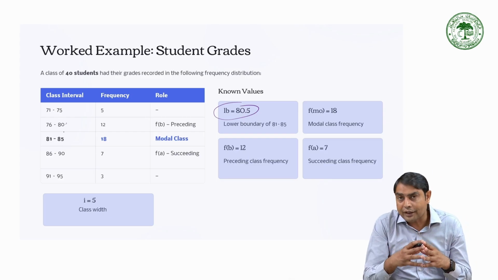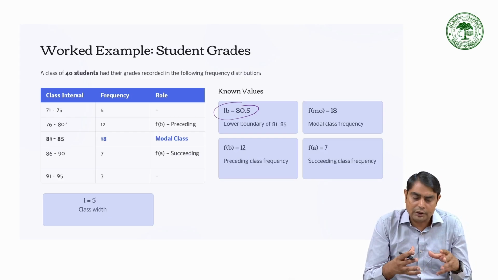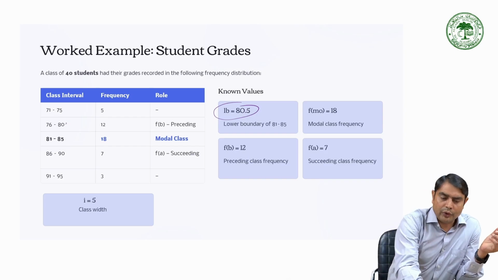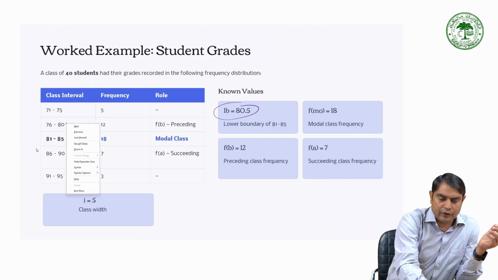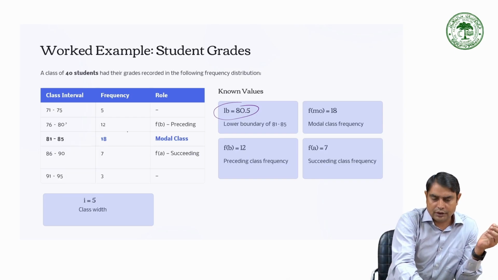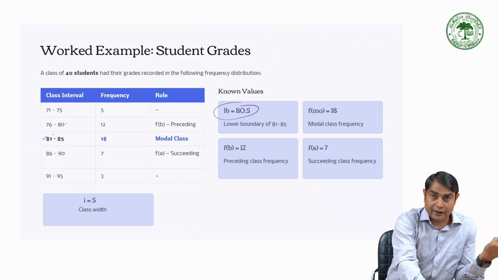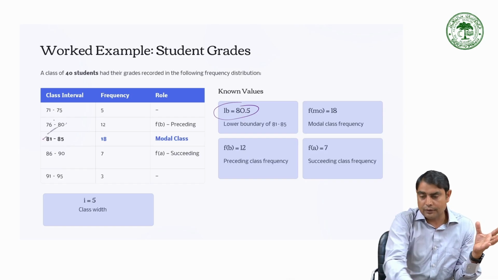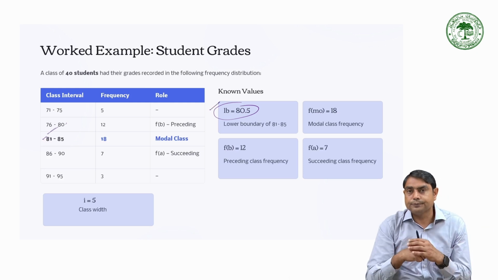And why is my data mentioned like this? It is mentioned because the value up to 80 is included in this range, and values from 81 onwards to 85 are included in this range. So what if the value is more than 80 and less than 81? That is why we take the average as the lower limit.